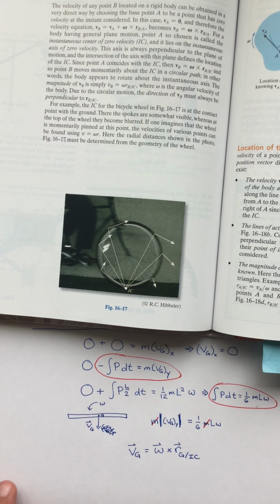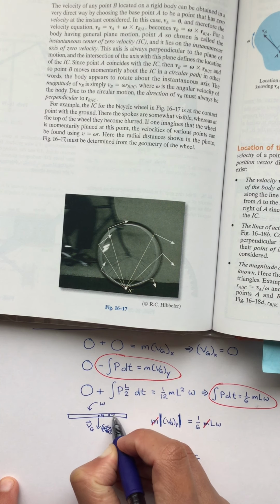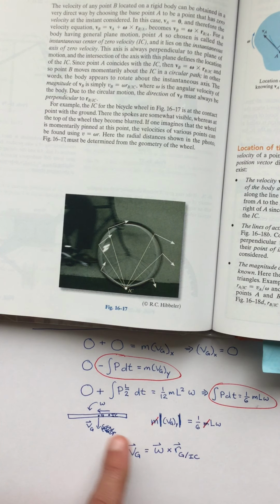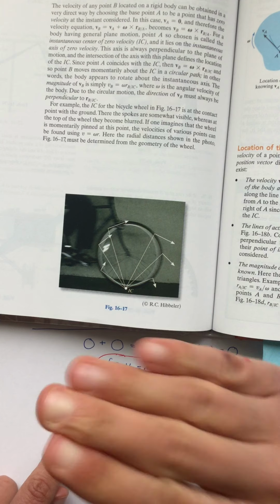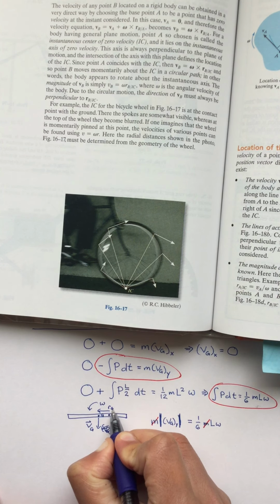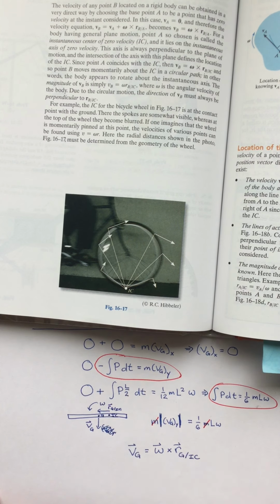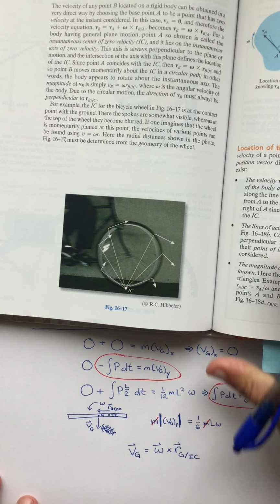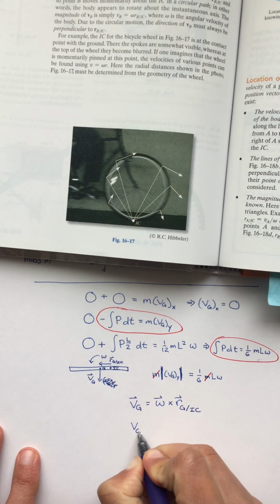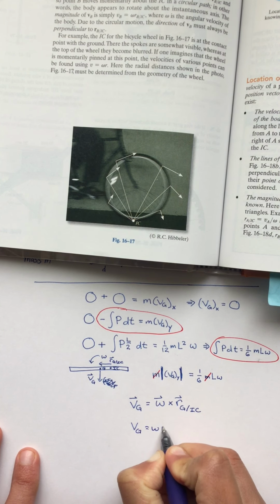That means the instantaneous center is over here. Then I go to point G from the instantaneous center, and doing my cross product like this, all the directions work out. So this is my vector here. Okay, and since I figured out the direction, I can now just look at the magnitude.